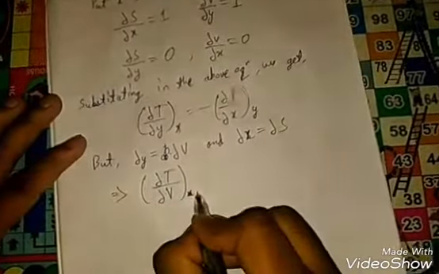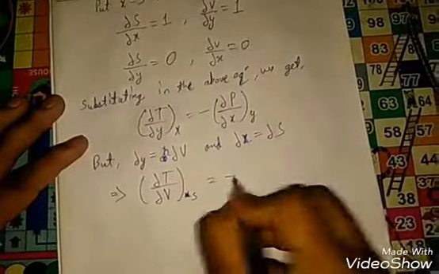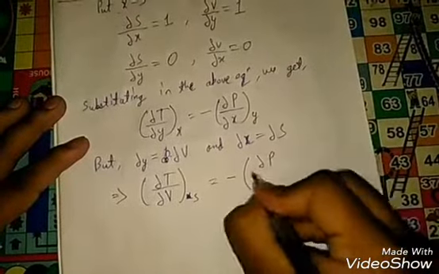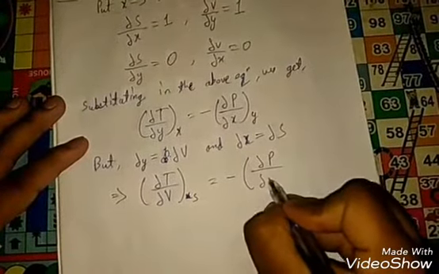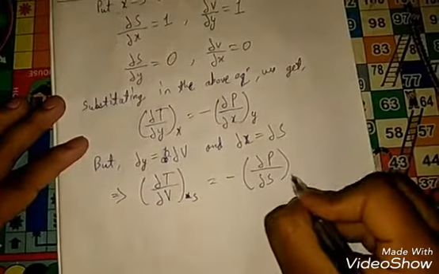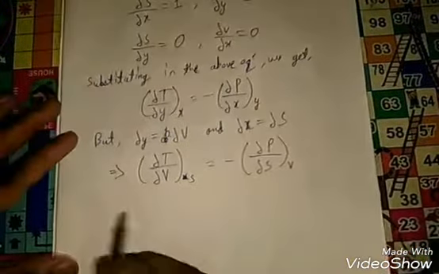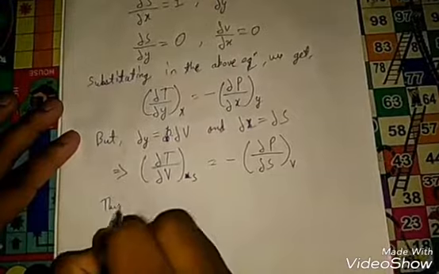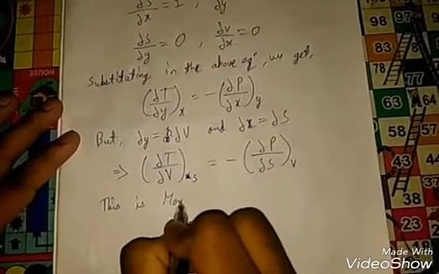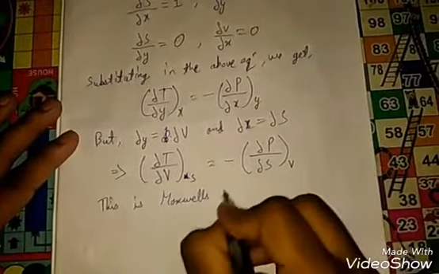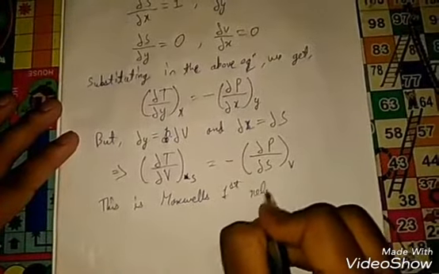So in place of x we write s, and it is equal to minus of del p by del s, keeping v constant. So this is Maxwell's first relation.